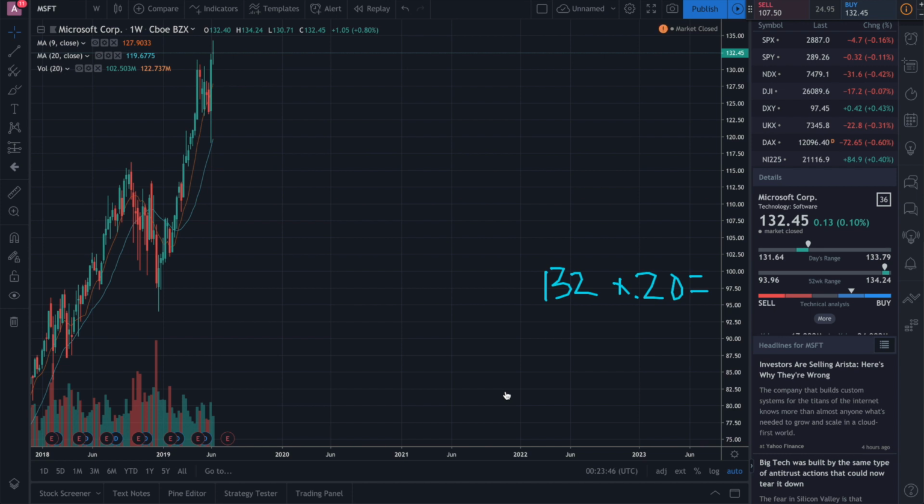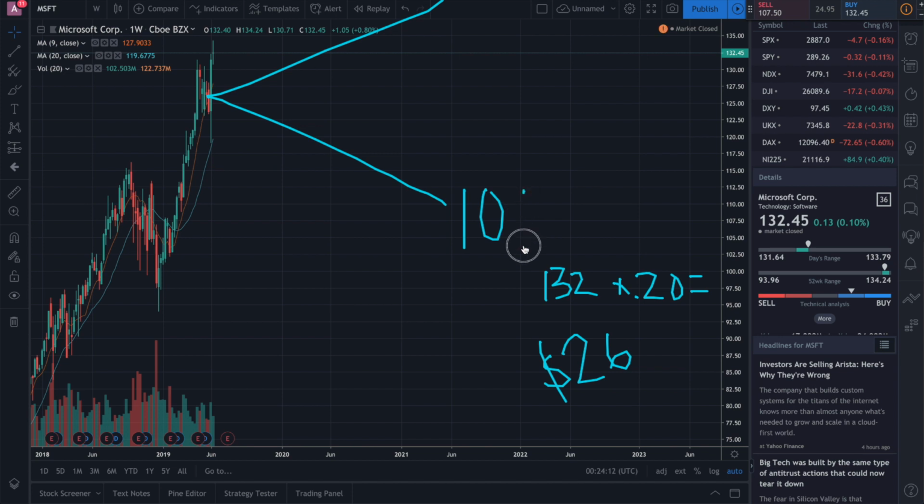So 132 times 0.20 gives us roughly $26. Based on standard deviation within the next year, we have a range for Microsoft. That range is $132 minus 26, which equals 106, and $132 plus 26, which equals 158.